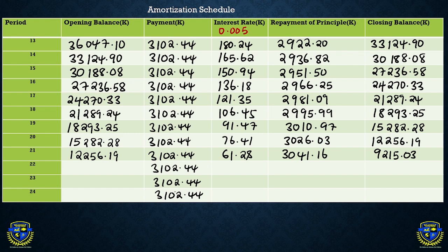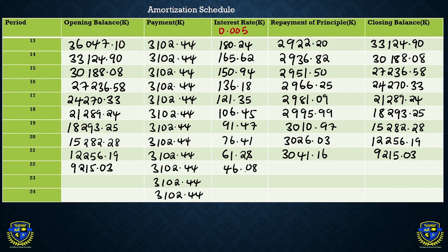That becomes our opening. So what do we do in period 22? It is 9,215.03. Okay, multiplying it by 0.005, that's going to give us a 46.08.